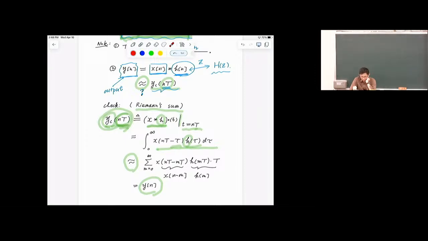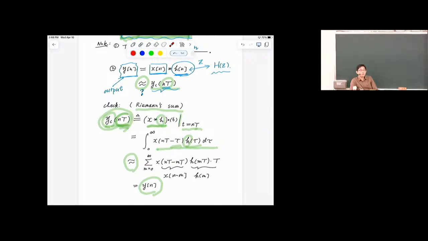But now the next thing is the Riemann approximation. Here we have an integral. You all learned in calculus, what does it mean to calculate an integral?